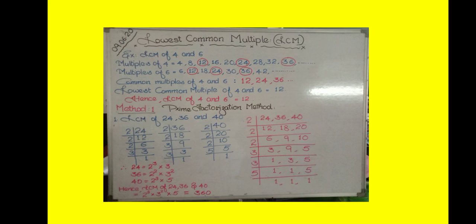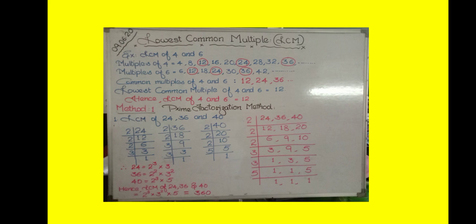Here the LCM of 24, 36 and 40 will be 2 raised to the power 3, because that is the least prime number with the highest power. 2 raised to the power 3 is there in 24 also, in 40 also 2 raised to the power 3 is there, but we need to take only one set, the highest one.